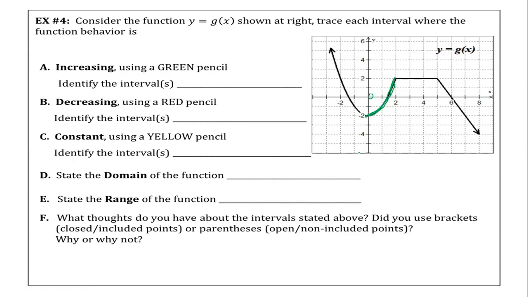Do we agree? Your intervals of increase and decrease are defined by your x values, not your y values. So where's our x at? 0. Where does our x stop at? 2. So our interval of increase is going to be from 0 to 2.